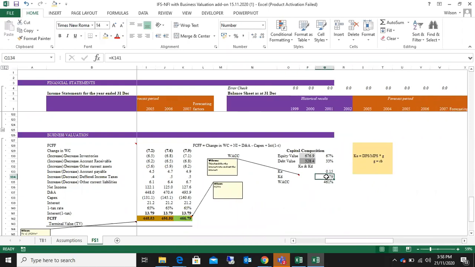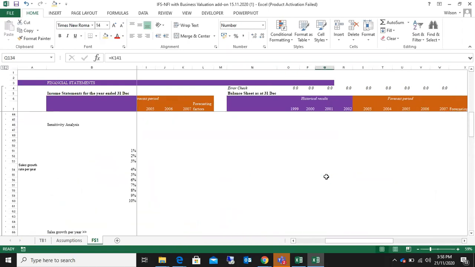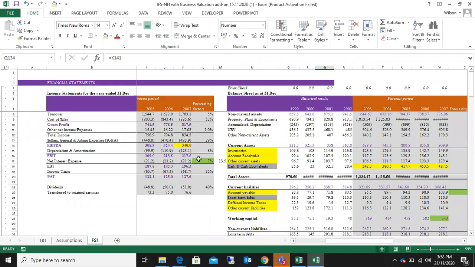Now the interest rate for short-term debt is 7%. The interest rate for long-term debt, we are told that the actual interest is 13.5, but that's not the rate.